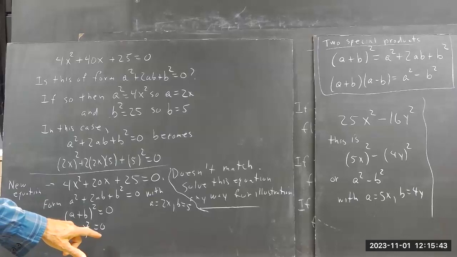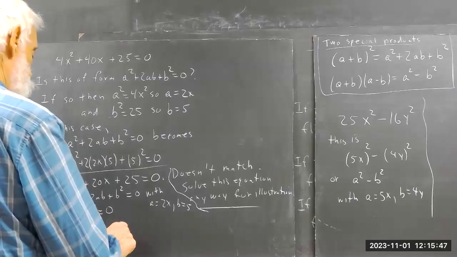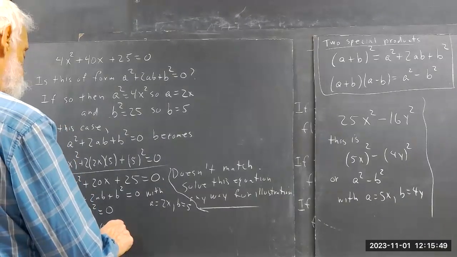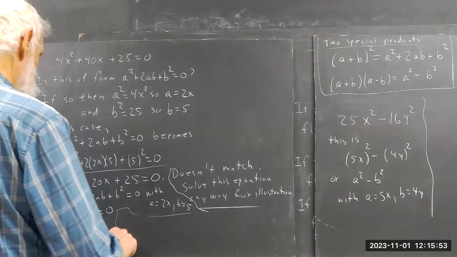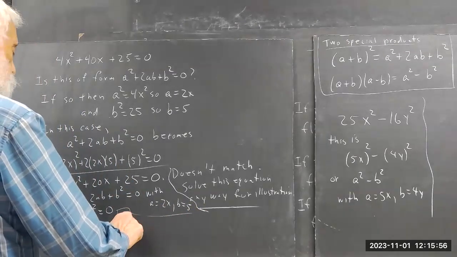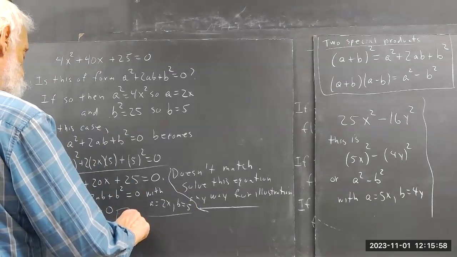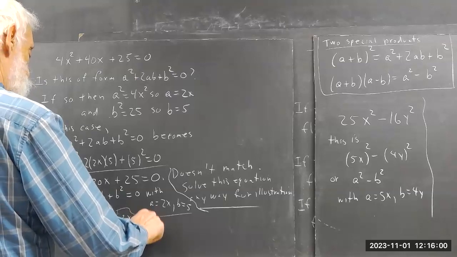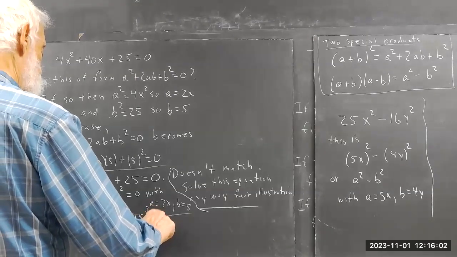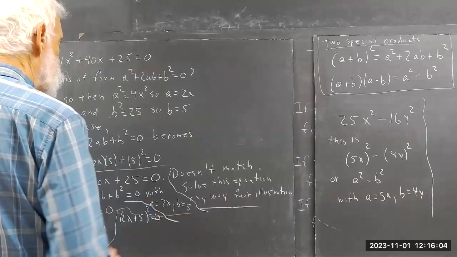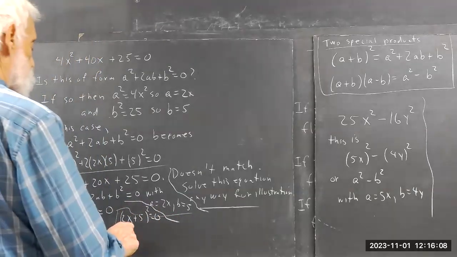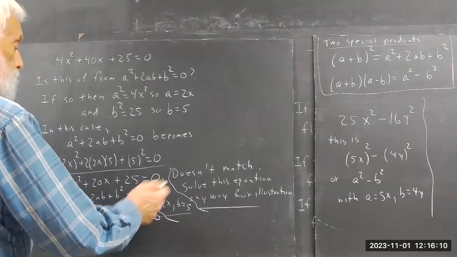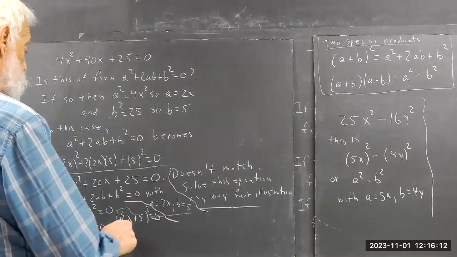And 2x plus 5 squared equals 0 has two solutions. I'm out of space here. I should have planned this better. Okay, so let's just run it here. We'll have a little more space. And quantity 2x plus 5 squared equals 0 means 2x plus 5 times 2x plus 5 equals 0.